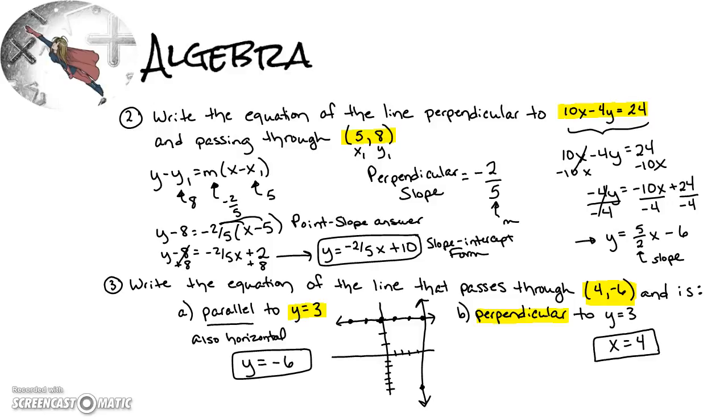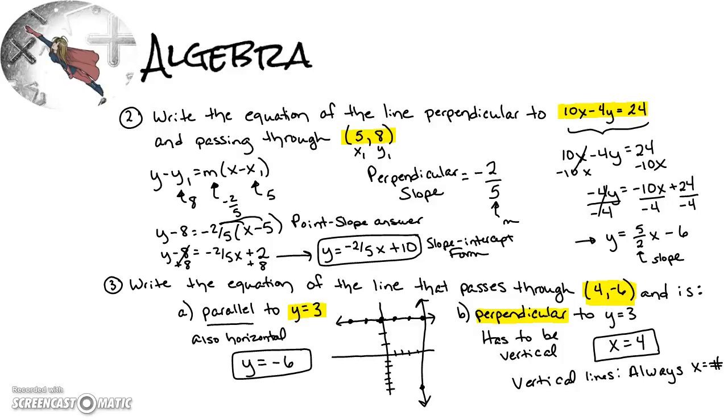So if it's perpendicular to a horizontal line, then it has to be vertical. Okay, and vertical lines are always x equals a number. Okay, in this case it ended up being x equals 4.